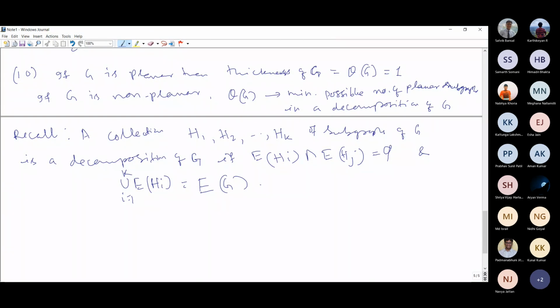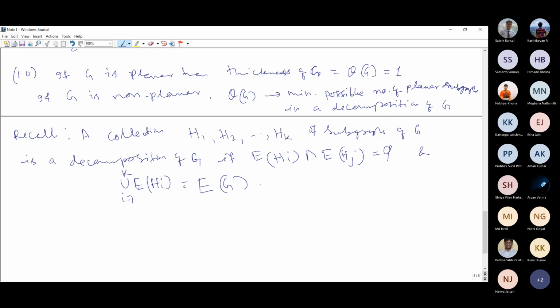Suppose you design that silicon chip into layers. In each layer you will have only a planar drawing, no edge crossing. Then on top of that, the next layer takes the remaining edges, again a planar drawing.